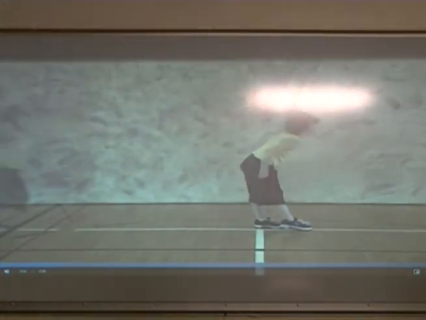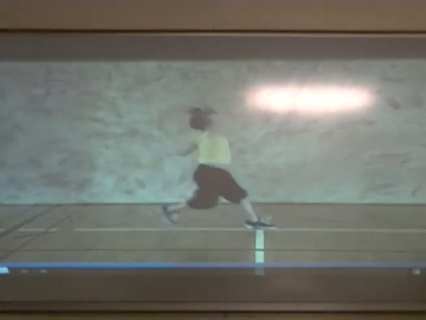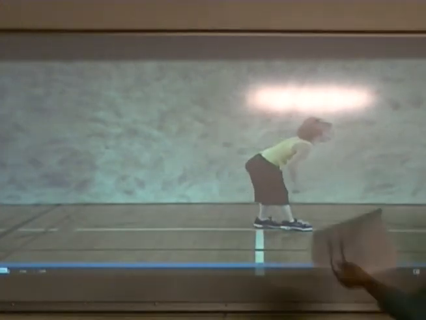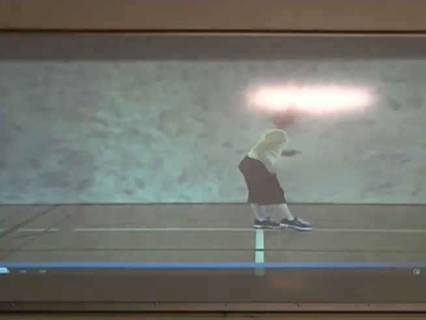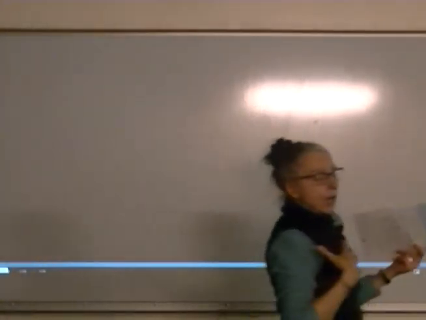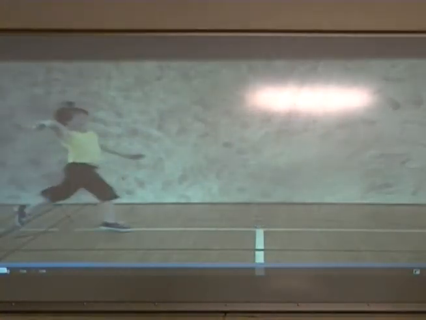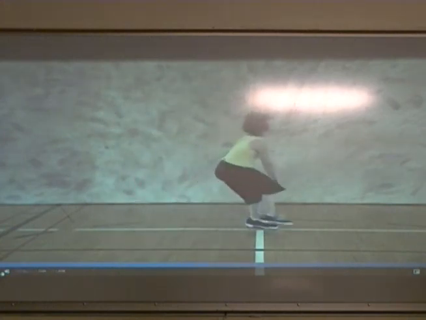I think it would probably be a no, because I don't think you would wind up and then run and throw the ball. That seems very odd. So I suspect she just picked the ball up and ran. So I'm going to give her a no on criteria 1. Okay, so criteria 2.